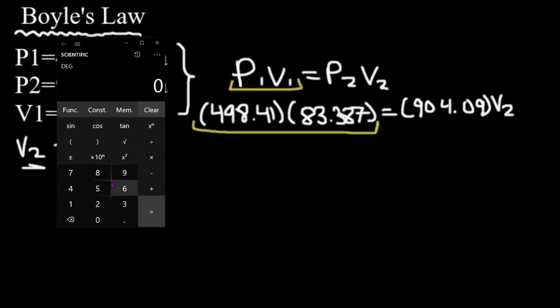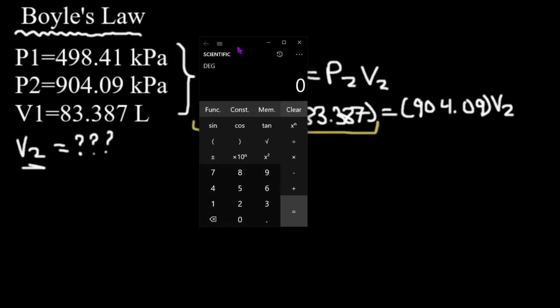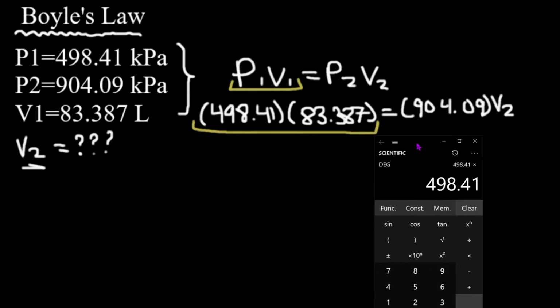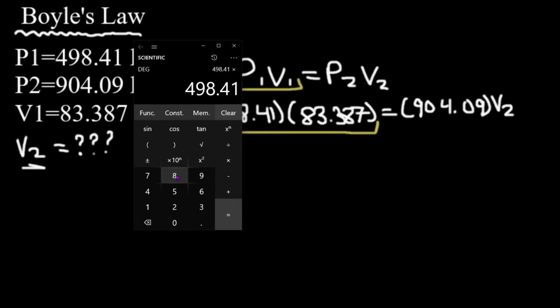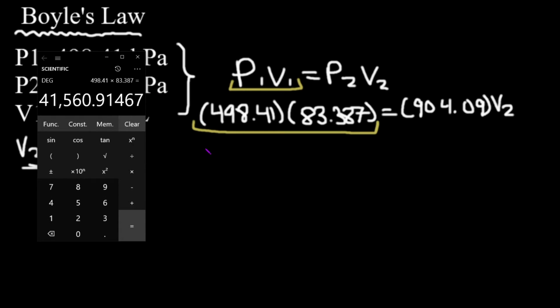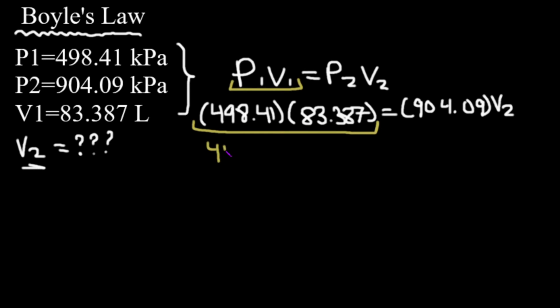So 498.41 multiplied by 83.387 will give you 41,560.91. Let me write that right here, 41,560.91.